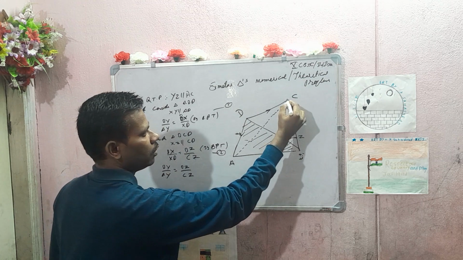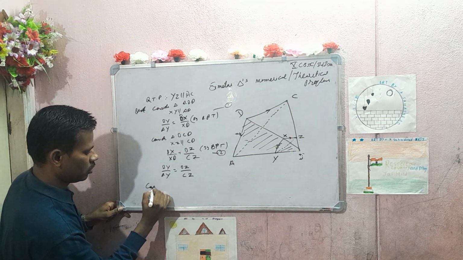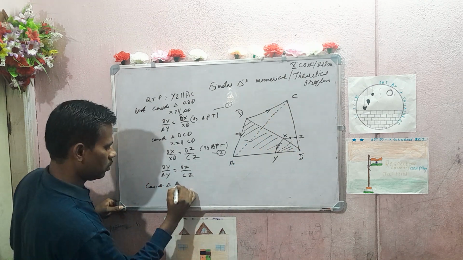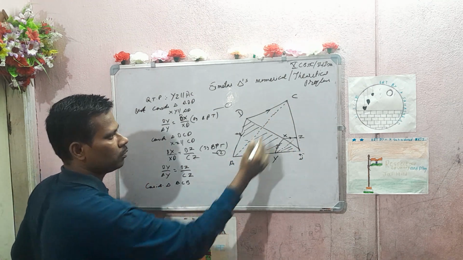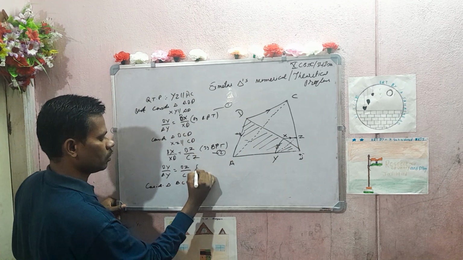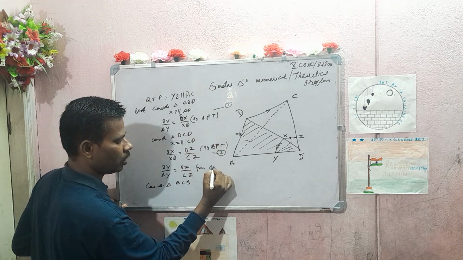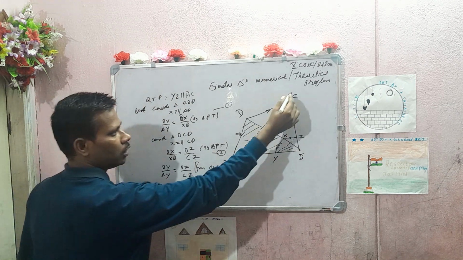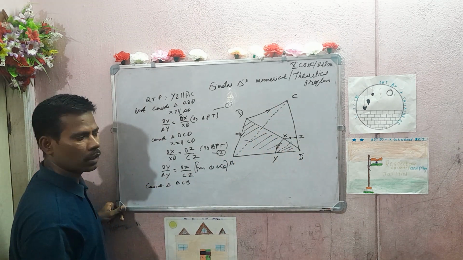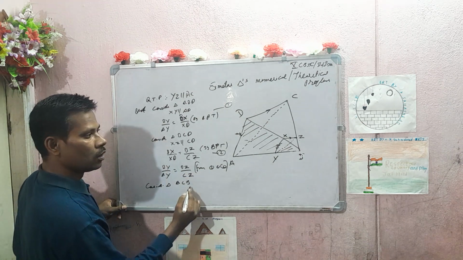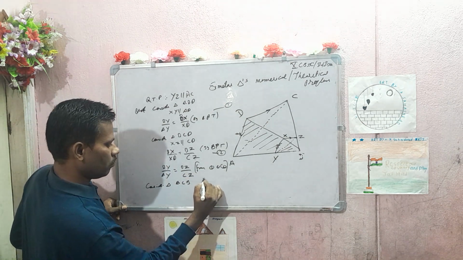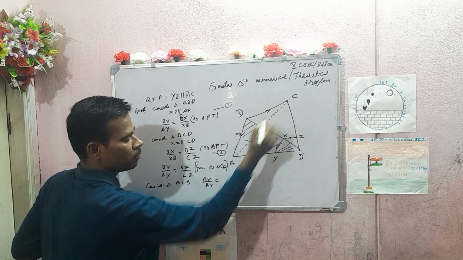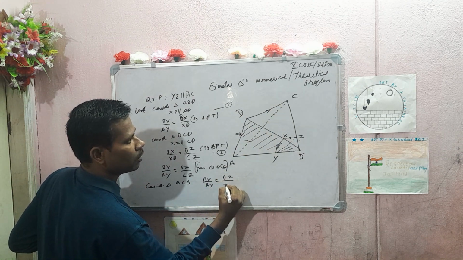Now BY by YA is equal to BZ by ZC. Consider triangle ACB. From 1 and 2, in triangle ACB, BY by AY is equal to BZ by ZC.